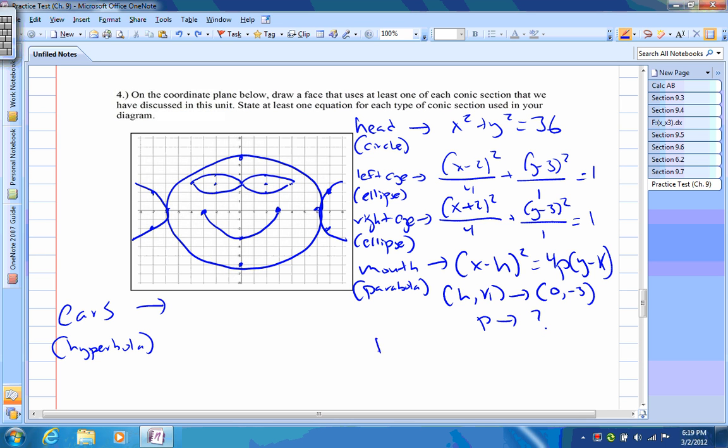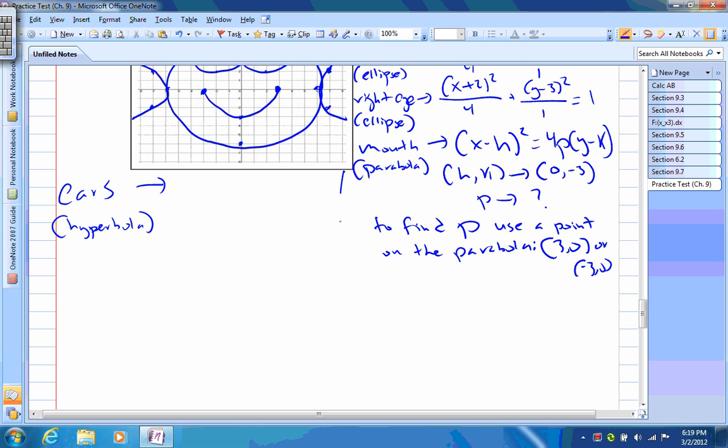So to find p, use a point on the parabola. In this case we can use 3, 0, or negative 3, 0, right where the dimples were, here and here.